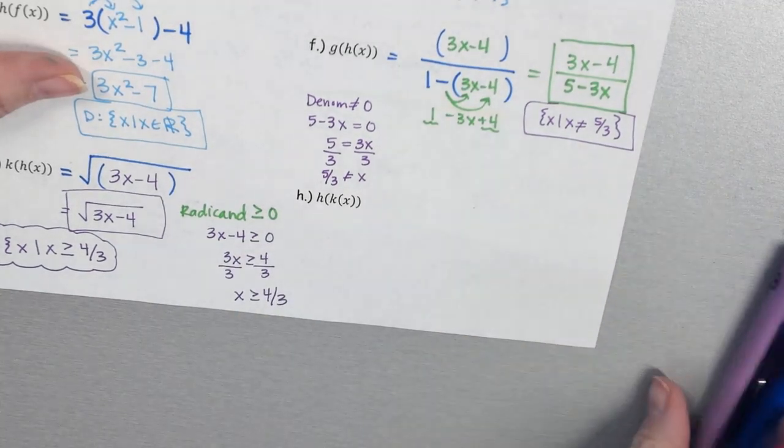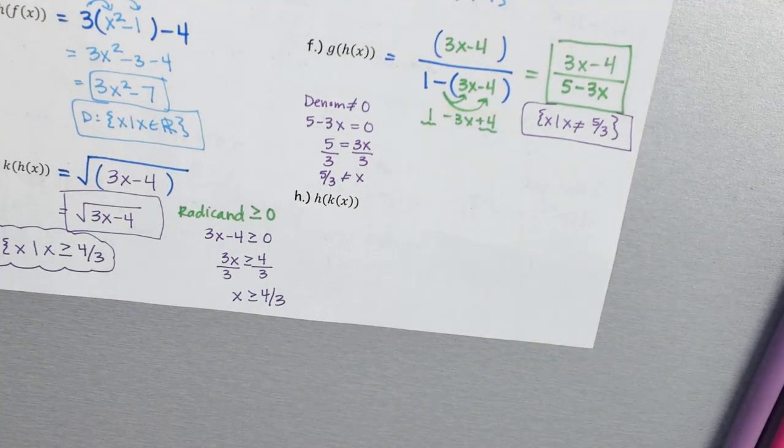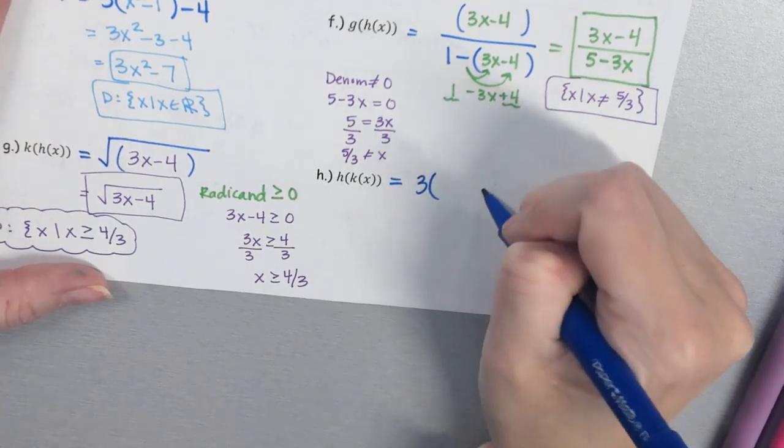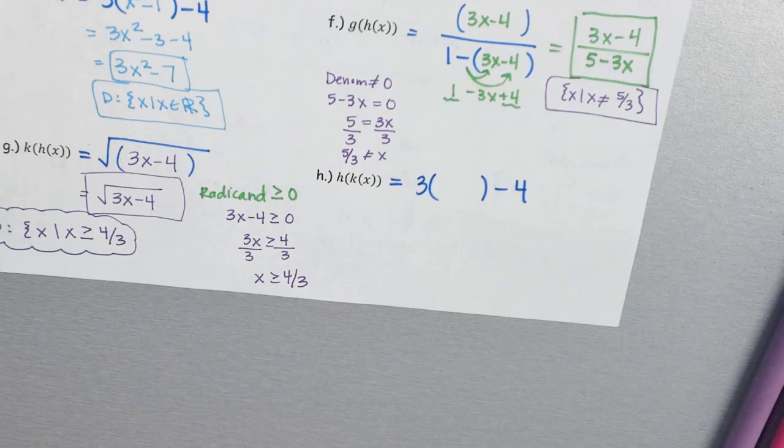All right, so if you guys can set up h of k of x. Okay, so what is h of x? Okay, so if it's 3x minus 4, we're just putting parentheses for the x.